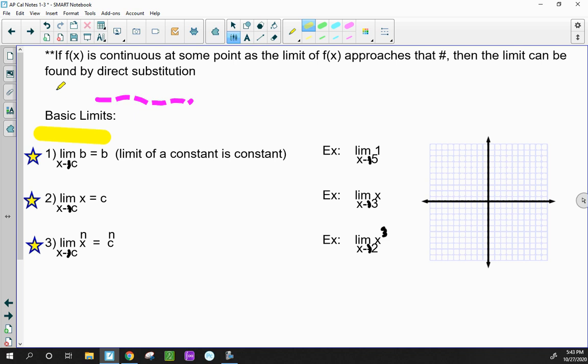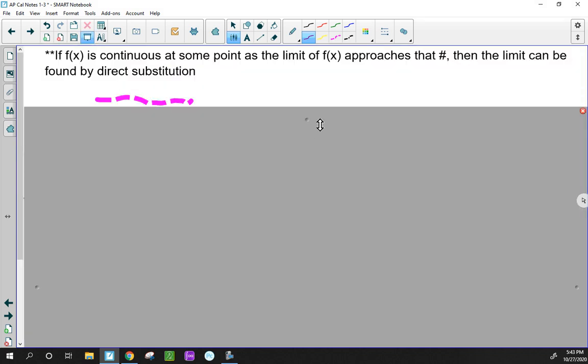First topic: if a function f of x is continuous at some point, as x approaches that number, then the limit can be found by direct substitution. Basically, if you have a continuous graph, with no hole and no asymptote, then the limit of f of x as x approaches that number is going to exist.